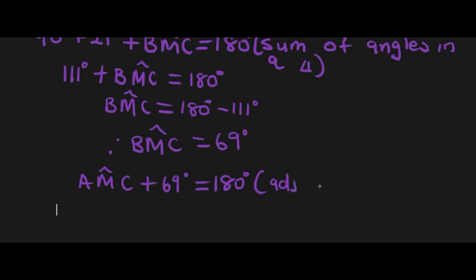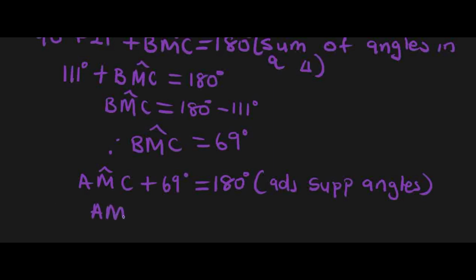The reason is these are adjacent supplementary angles, or angles on a straight line. Then we need to transpose this 69 degrees.